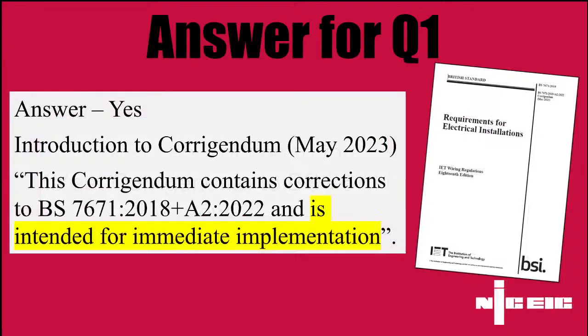And the reason for that is, if we look within the corrigendum itself, which you can freely download from the IET website, it says it is intended for immediate implementation. So any new work started after the 15th of May should comply with the requirements of the corrigendum.